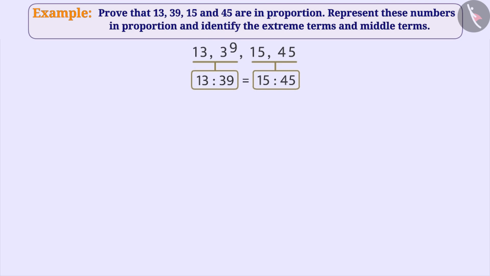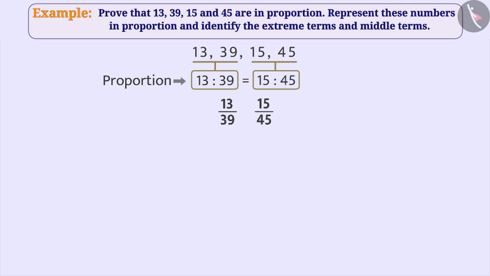So, to prove that 13, 39, 15, and 45 are in proportion, we need to prove that 13:39 is equal to 15:45. We can write 13:39 as 13 by 39, and we can write 15:45 as 15 by 45.